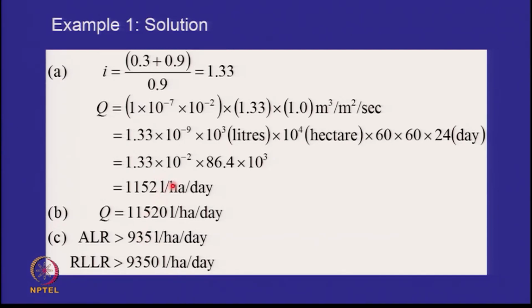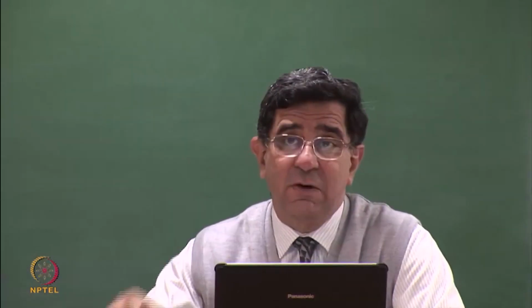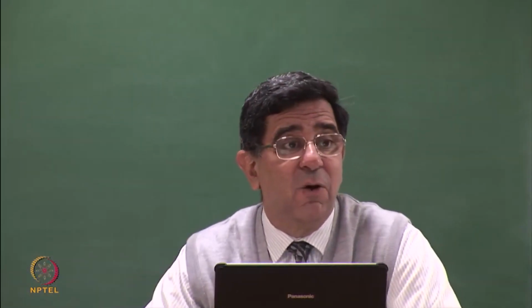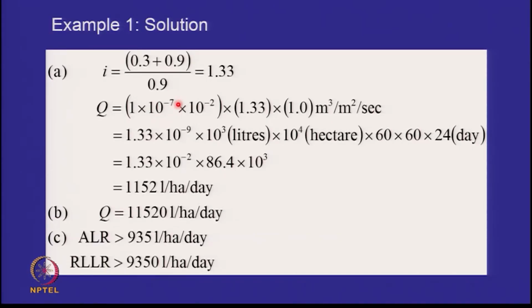The next question is, if by mistake or by construction practices which are not very good, you have not done good compaction, you started with a soil which had significant plasticity, but from the borrow area the soil which is coming now does not have that much plasticity, then maybe the K can become 10 to the power of minus 6 centimeters per second. That is above. If this becomes 10 to the power of minus 6, what happens to Q?